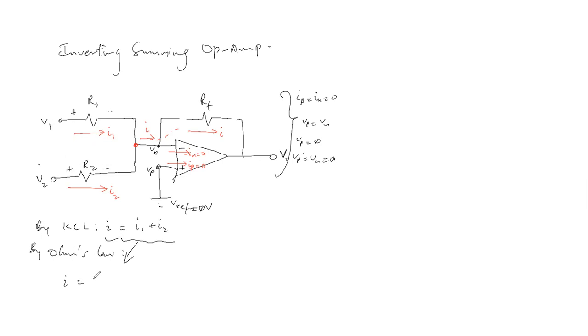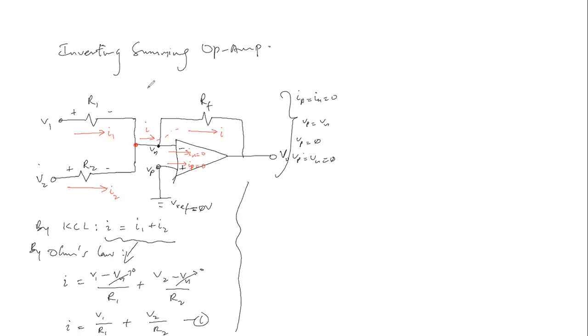So that will be V sub 1 minus V sub n, the node voltage, divided by R sub 1, plus V sub 2 minus V sub n divided by R2. Now, since V sub n is the same as V sub p, which is 0, this reduces to 0, and this also reduces to 0. So I is the same as V sub 1 divided by R1 plus V sub 2 divided by R2. Okay, that is our first equation.